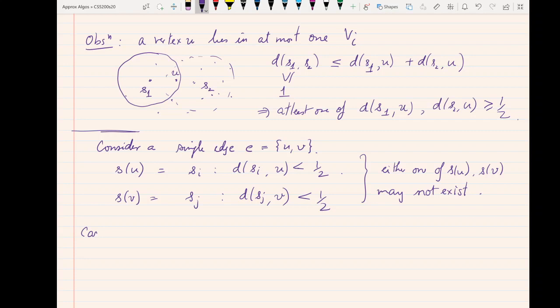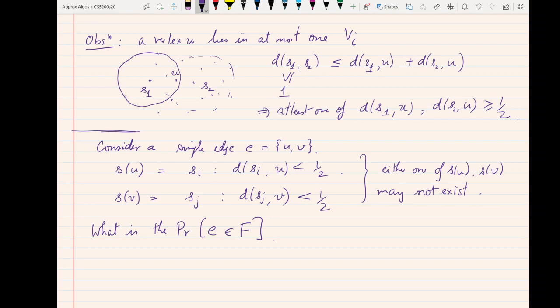So we have a case. What we want to ask is, what is the probability that edge E is cut? That is, E goes across one of the VIs.